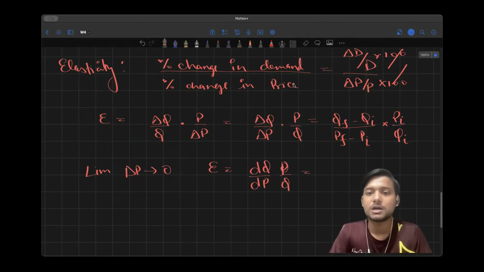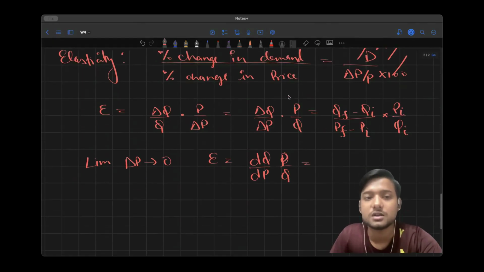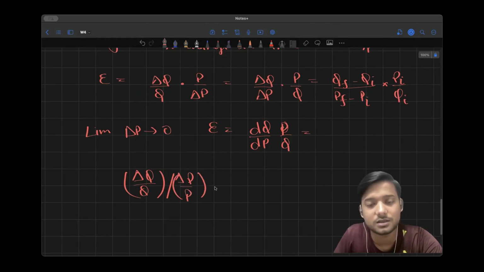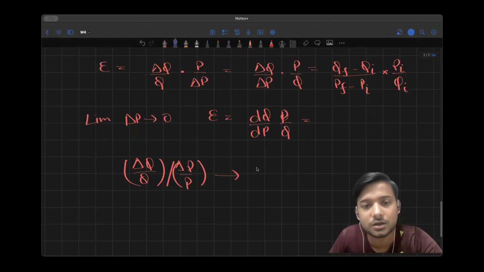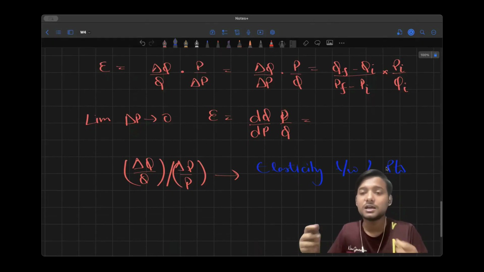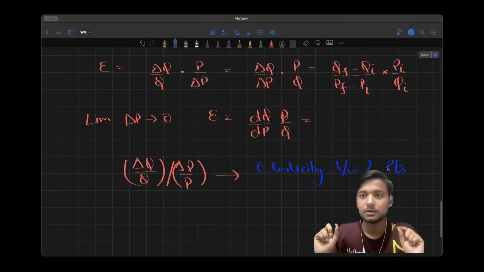But the thing to notice was this, delta Q by Q whole divided by delta P by P, this thing is known as elasticity between 2 points, right? I have 2 points. One is initial, one is final. That is why it is elasticity between 2 points, right?